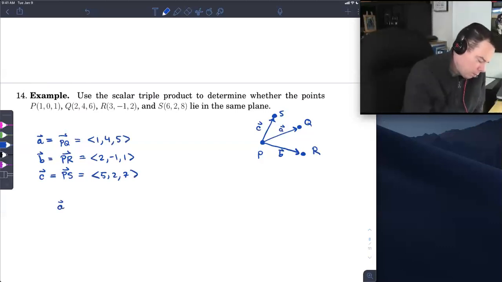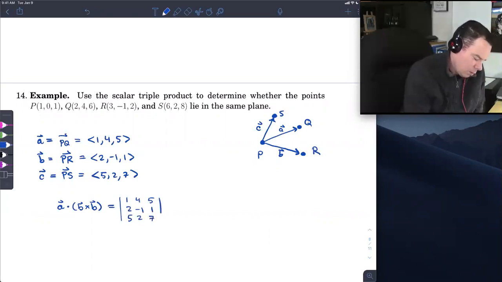And now we'll take the triple product of them. We'll find the volume of the parallelepiped that they make. And so this scalar triple product is most easily done by setting all the vectors up in a matrix like this.